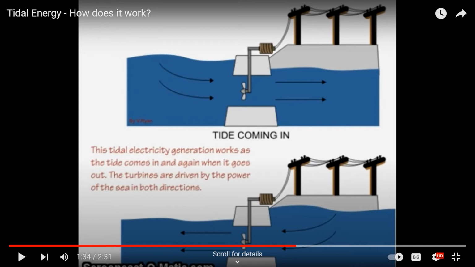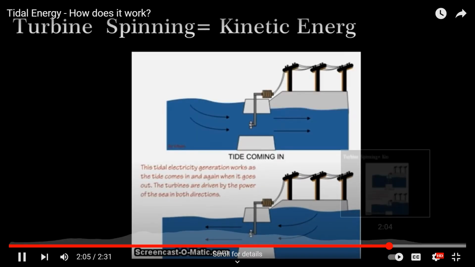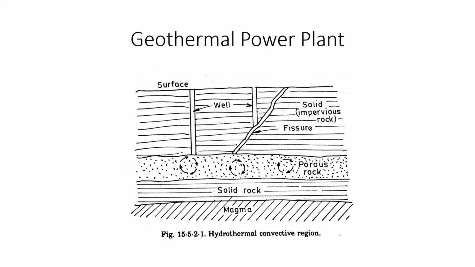When the water goes out, the turbine also rotates. When the tide comes in, and again when it goes out, the turbines are driven by the power of the sea in both directions. That is the message you have to get. It is a very clear demonstration I am showing here. When the sea water flows from here to here, the turbine blades rotate. From here to here also the turbine blade rotates. So this is about the working of tidal energy.